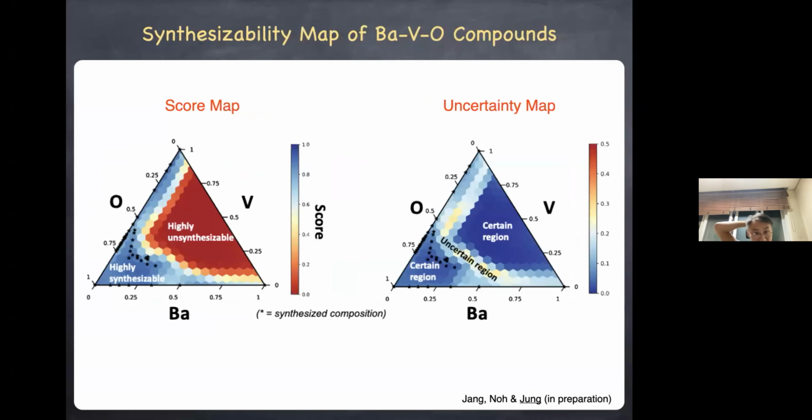And we apply that to this ternary compound space, barium, vanadium, oxygen. These stars are the materials that are already synthesized and reported, and we overlaid these results on top of our color-coded synthesizability map. The blue regions are the highly synthesizable regions, and the red regions are highly unsynthesizable.